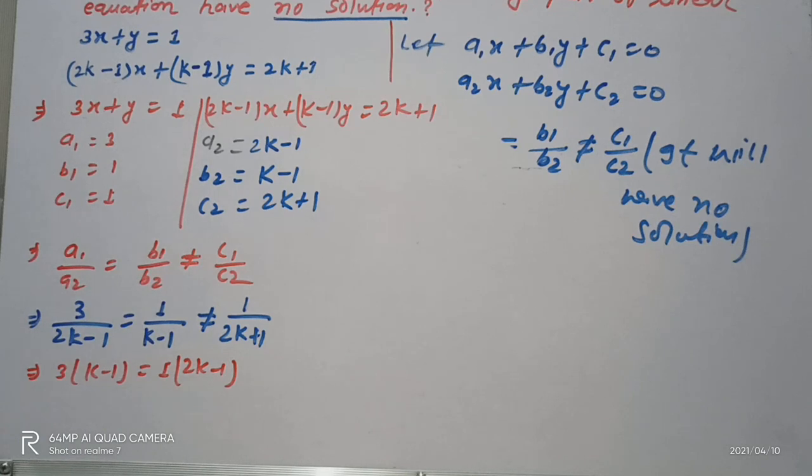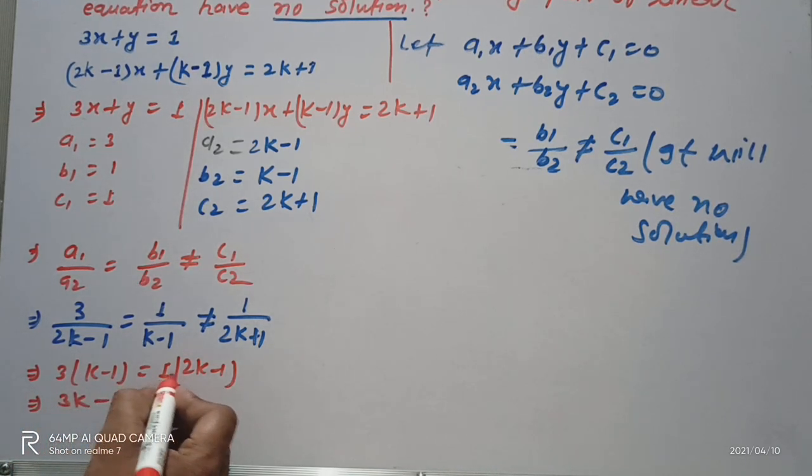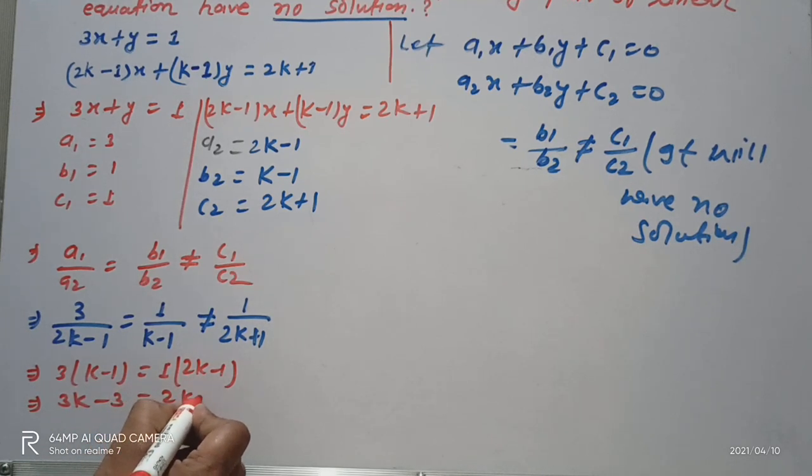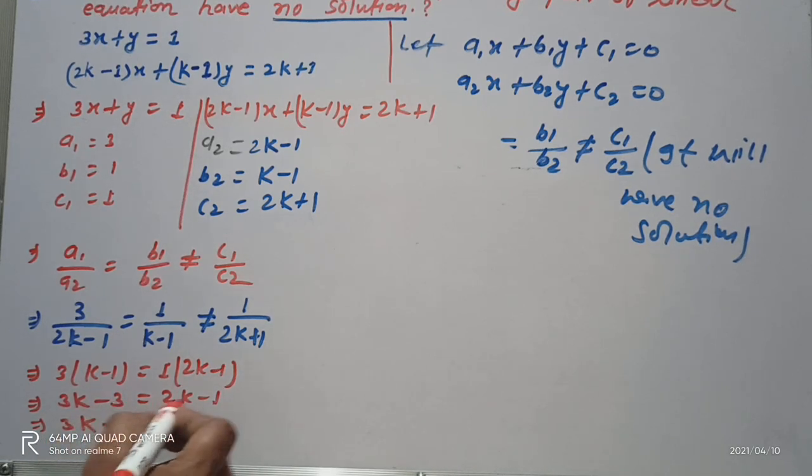So 3 times k is 3k, 3 times minus 1 is minus 3, and 1 times 2k minus 1 is 2k minus 1. Now the 3k will remain on this side, 2k will come to the left side as minus 2k, and minus 3 will come to this side as plus 3.